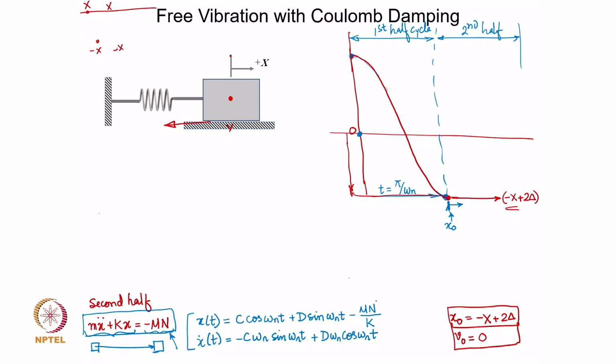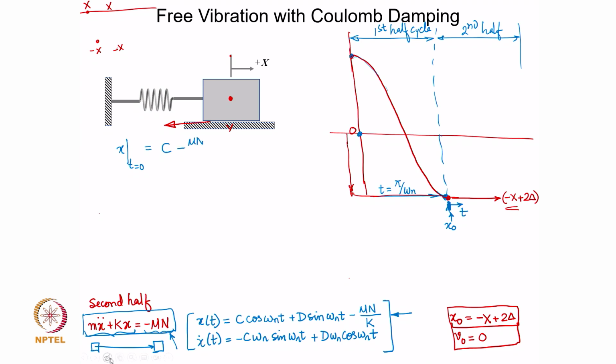Now, with these two equations defining the motion in the second half cycle, consider x of t at t equal to 0, where t is now defined from this point for the second half cycle. So, now we have reset our initial time at the beginning of the second half cycle. Then what is the expression for x at t equal to 0? You can substitute t equal to 0 in this equation, which gives us C minus mu n over k.